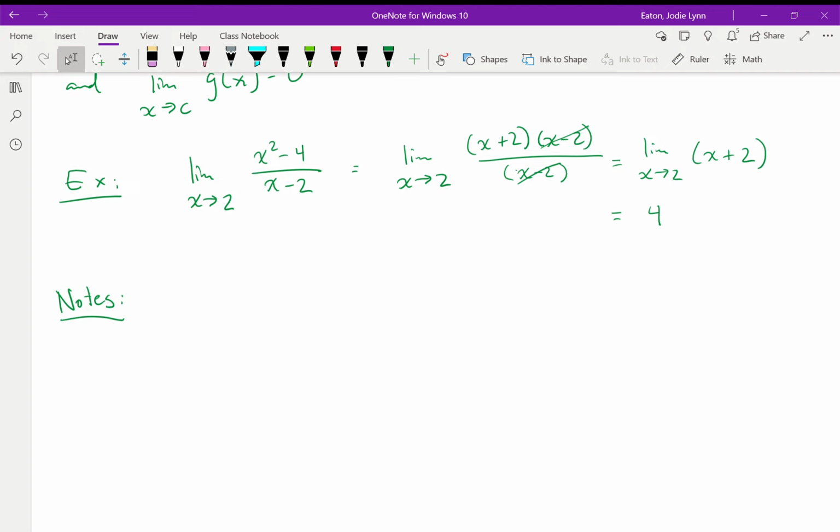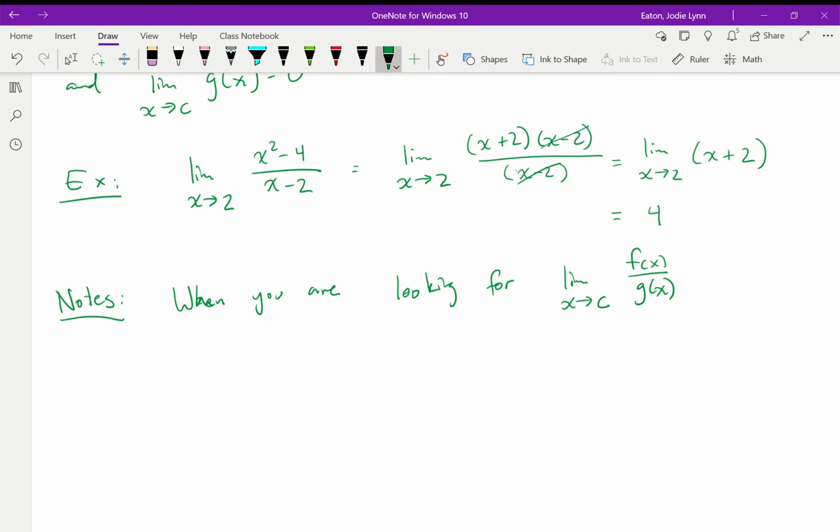Okay, so when you are looking for the limit as x approaches c of f of x over g of x, and these are going to be a lot of the functions we look at, where we have some kind of fraction going on, because those are functions that will often have discontinuities.